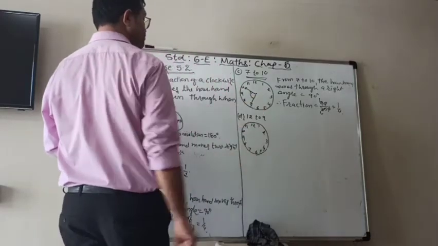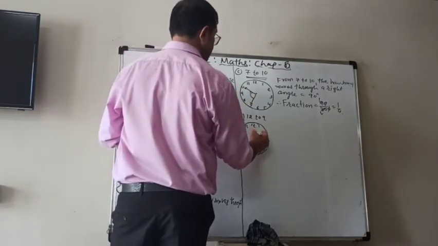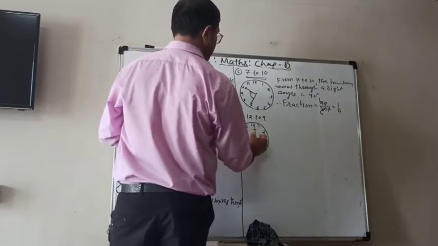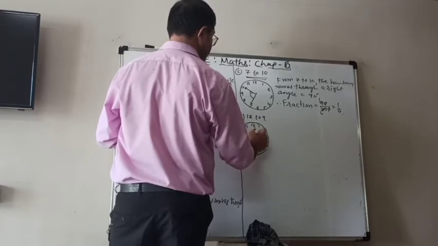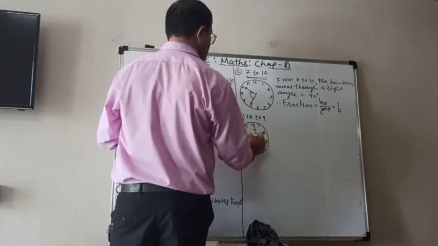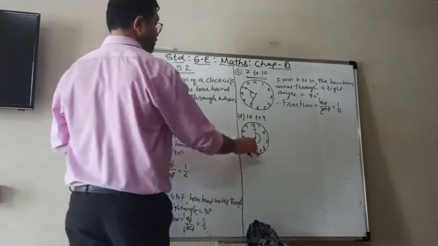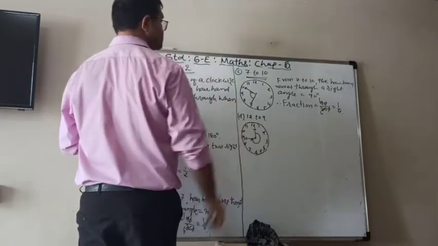Now it is moving from 12 to 9. That is your 12 and that is your 9. But not like that, it is moving in the clockwise direction. It means how many right angles? 1, 2 and 3 right angles.